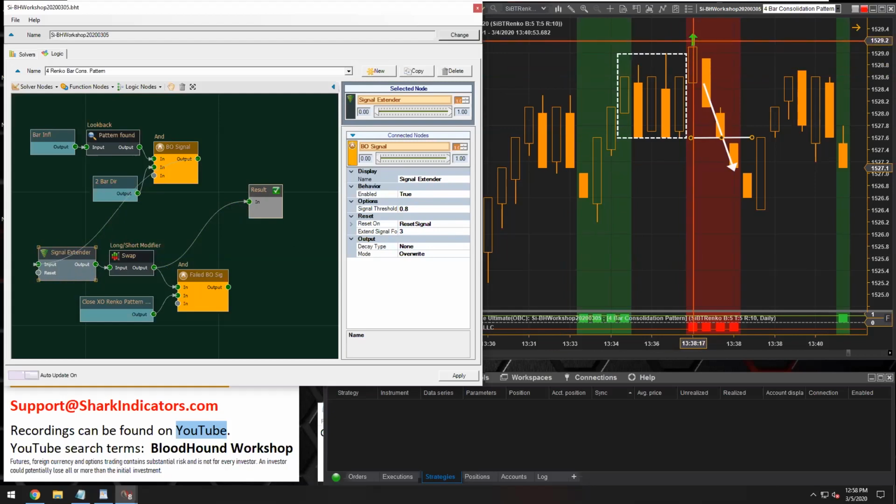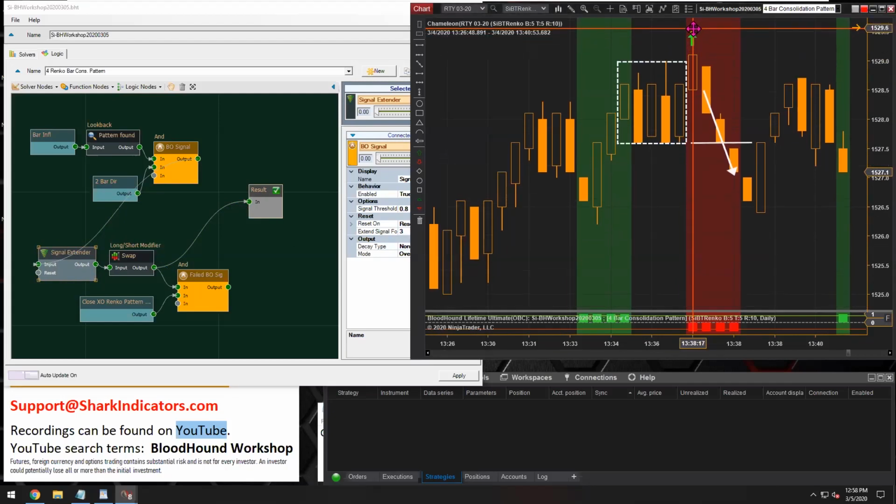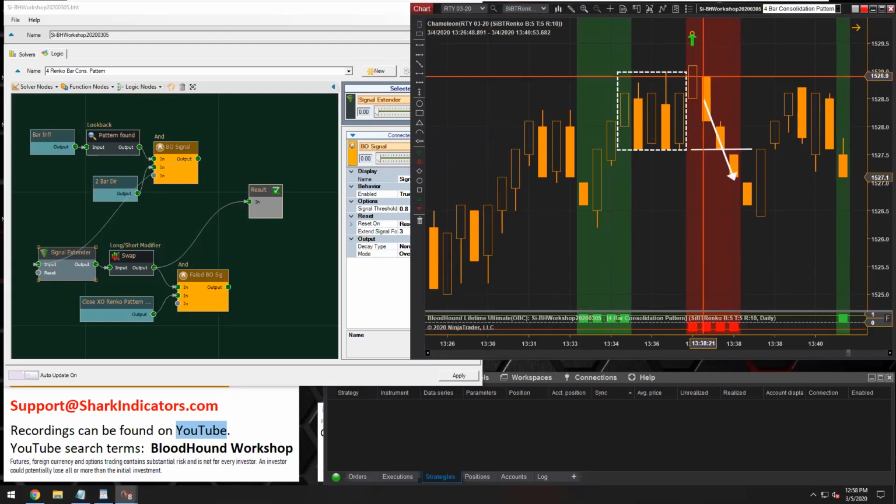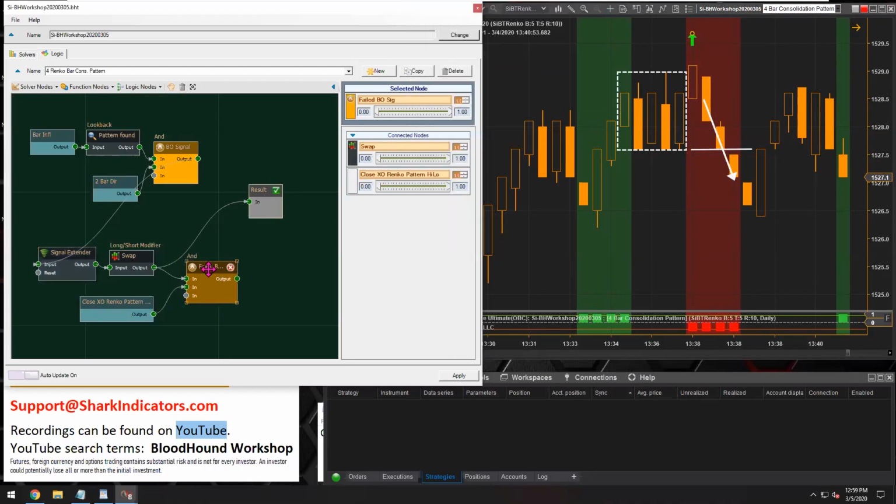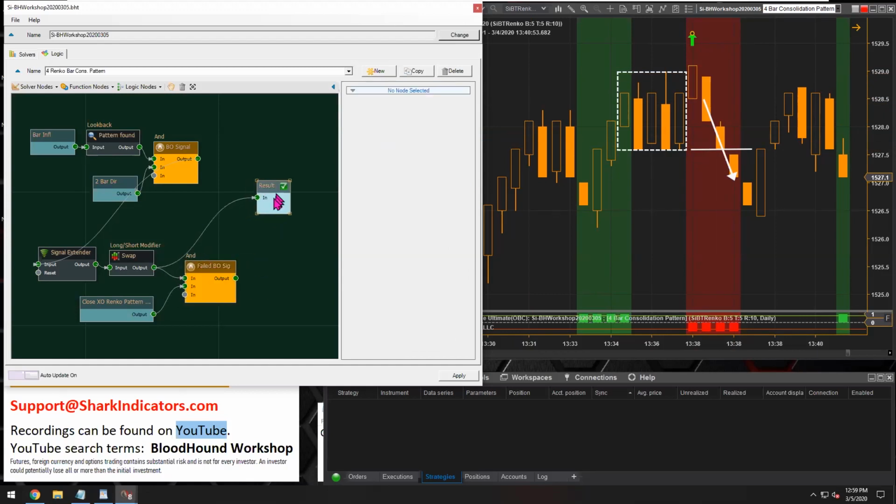So we're taking the breakout signal here, extending it forward, and then waiting to see if there is an actual crossover occurring. And if price does cross over your range here, then you would get a signal from this AND node.